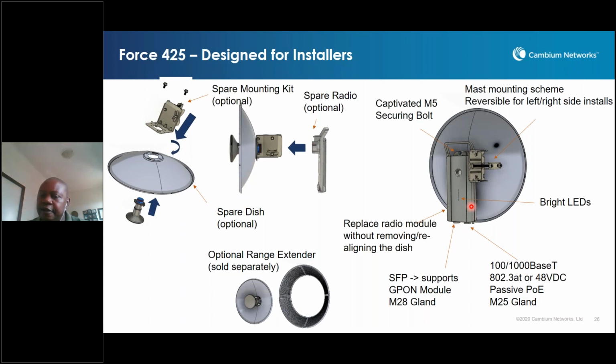You can also replace the radio without removing or realigning the dish. If you have to replace it, you don't need to remove the dish, meaning you don't need to realign it again. So it brings you extra operational add-ons.